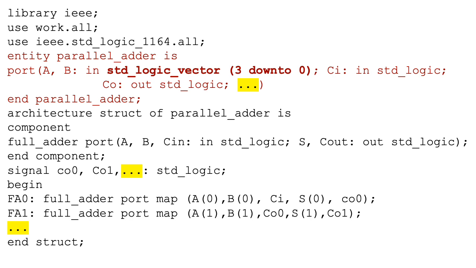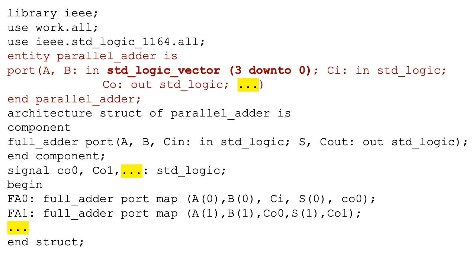We've done something similar in lab 3. So the structural modeling is nothing new, but here we're using it to implement something more practical. So the component is now no longer a gate, but it is actually a building block, which is the full adder.